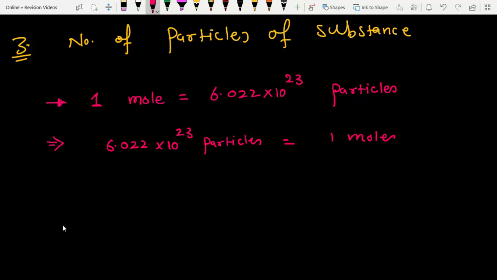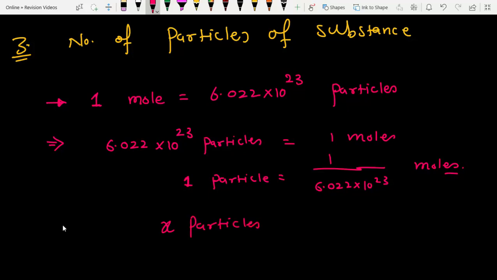So you can write 1 particle will be equal to 1 upon 6.022 into 10 to the power 23 moles. This is just the unitary method which you might have done in earlier classes. Apart from that, if the number of particles is x, then x particles will be equal to x into 1 upon 6.022 into 10 to the power 23 moles, right?